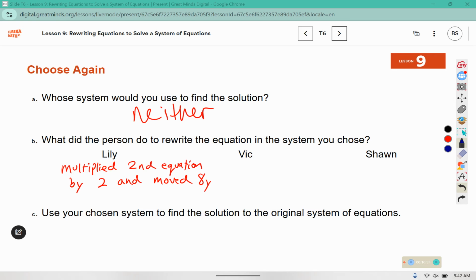Vic multiplied the first equation by a half, and subtracted y from both sides.